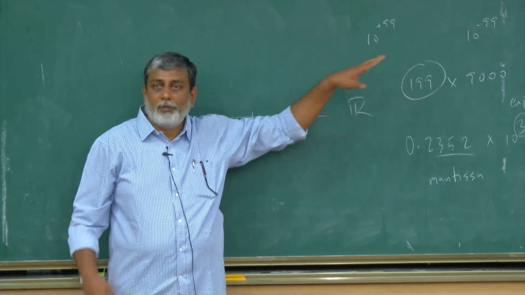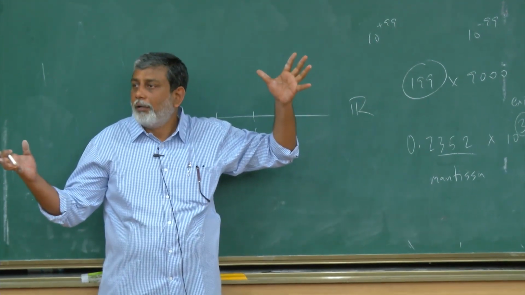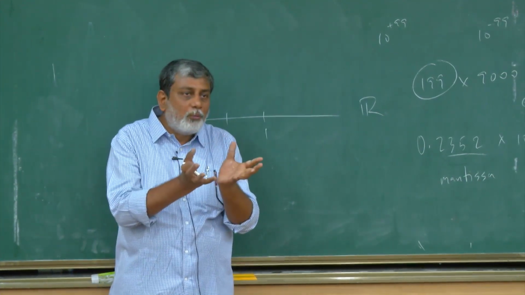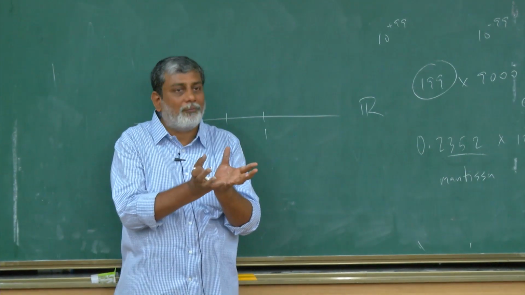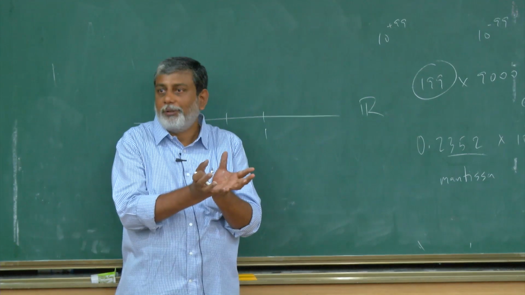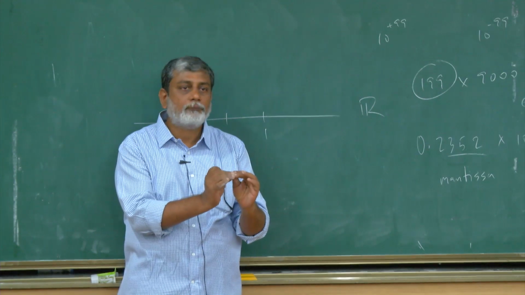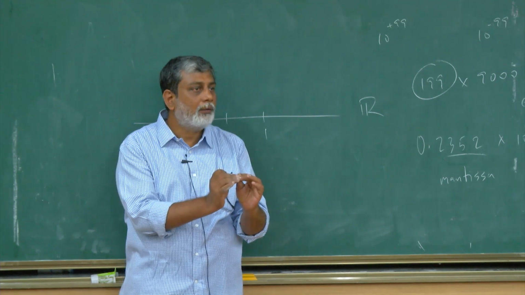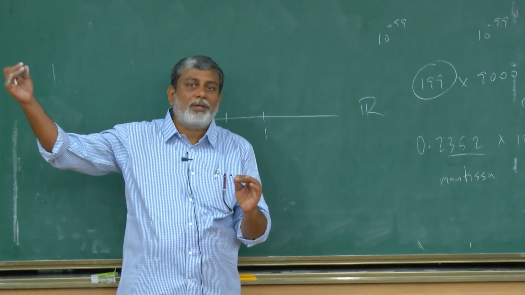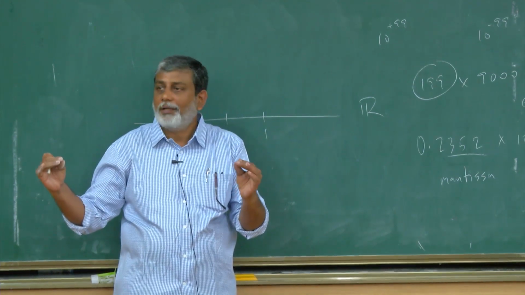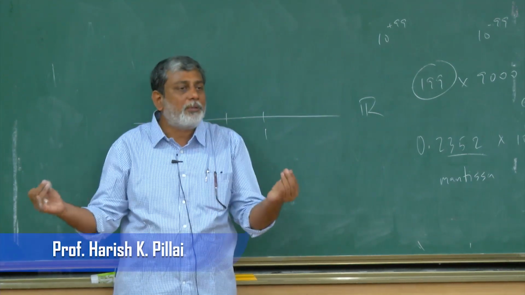Okay? So now given a number, when you try to represent it in the computer, you make one error, which is the round off, because you convert it into a number that you can store in the computer. The second number, again you round off. Then suppose you have to do an operation between these two numbers.